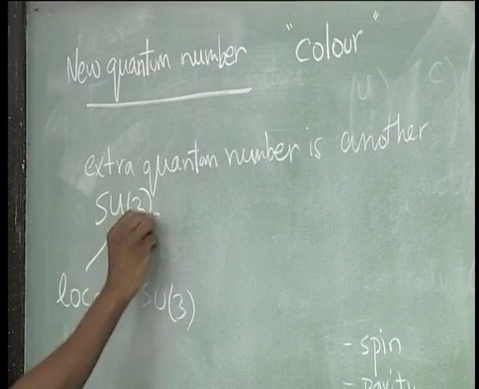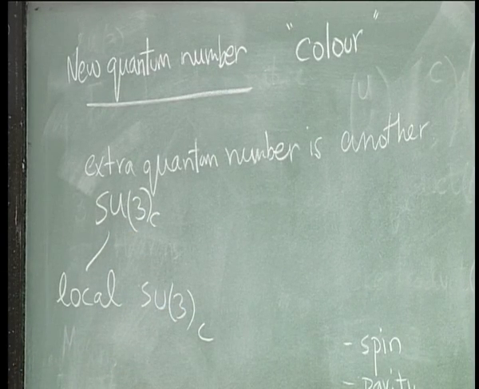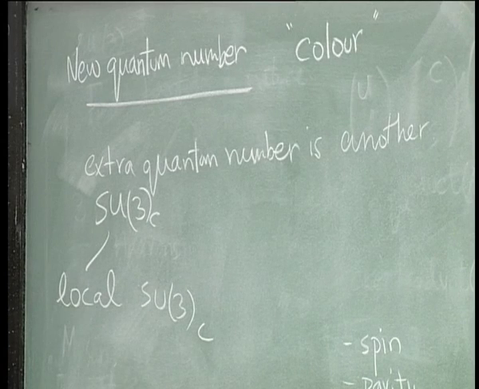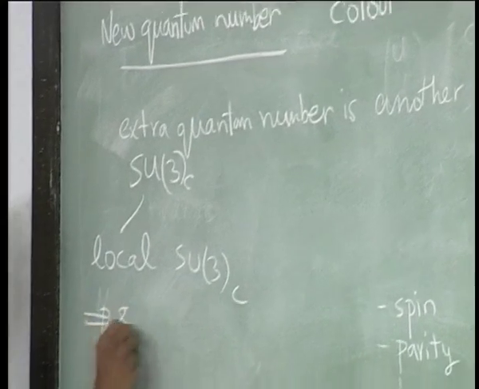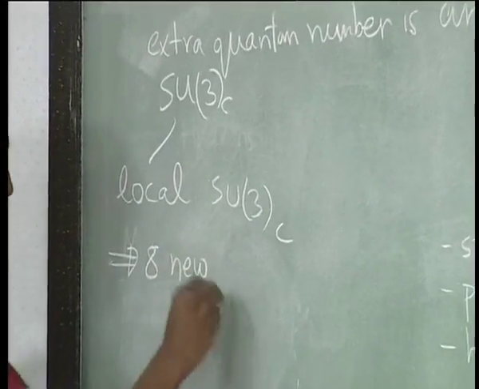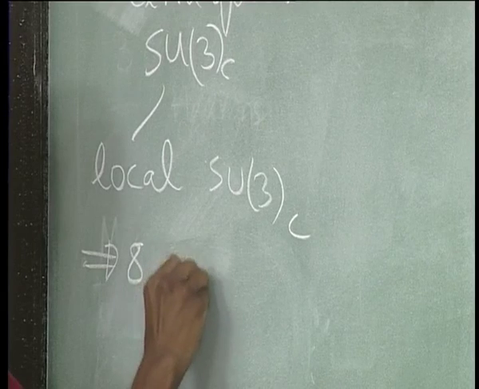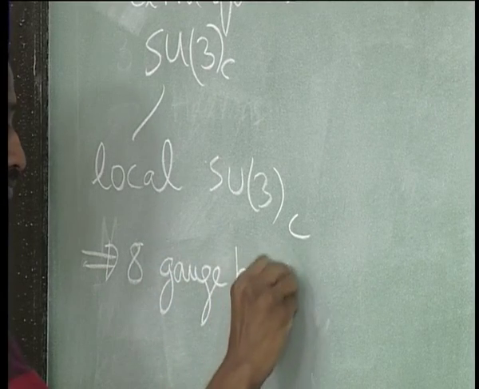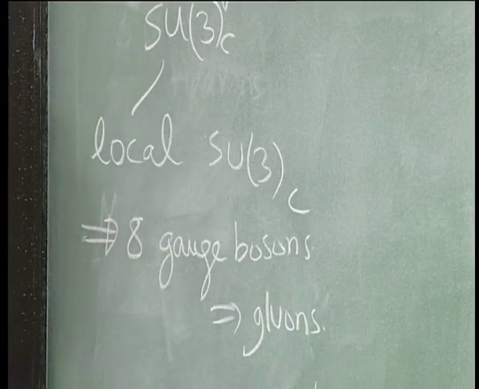Okay, and people usually put a C out here, and this local SU3 implies that you will have how many gauge bosons? It implies you will have 8 gauge bosons, called gluons.